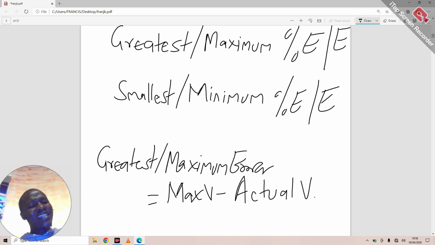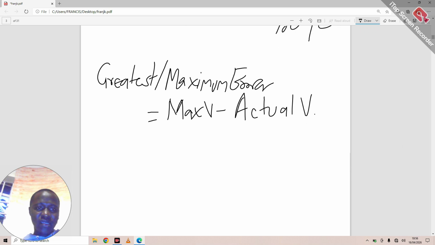You will understand it better when we'll be doing our revision. So make sure you will be among the people present or watching that particular revision of what I'm talking about here. This is the formula to use.